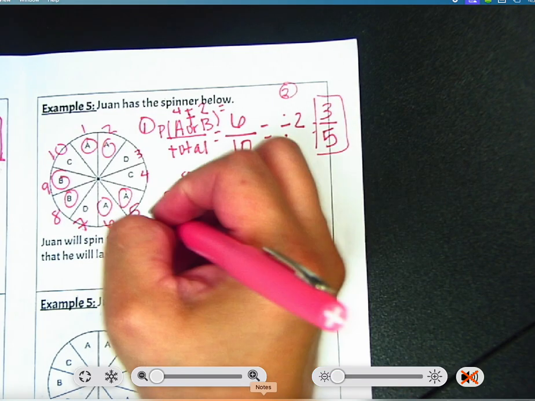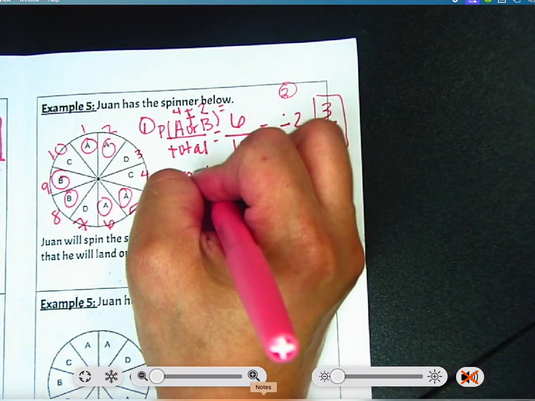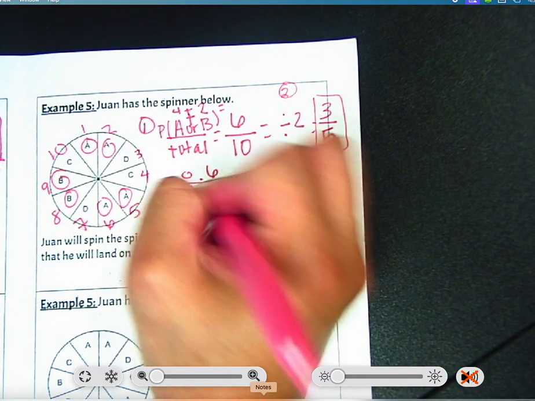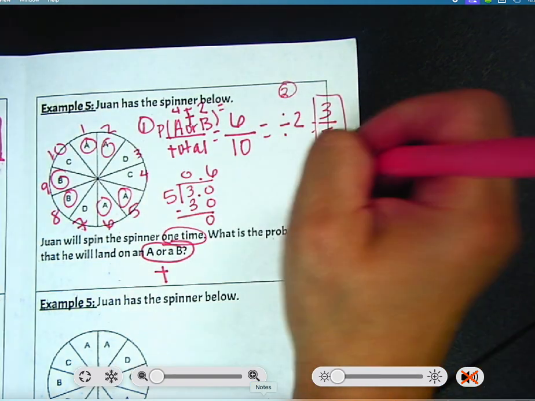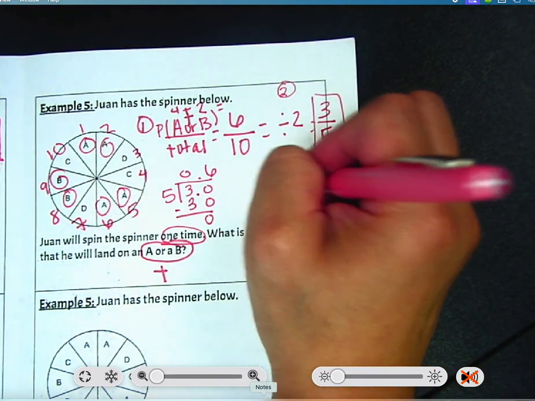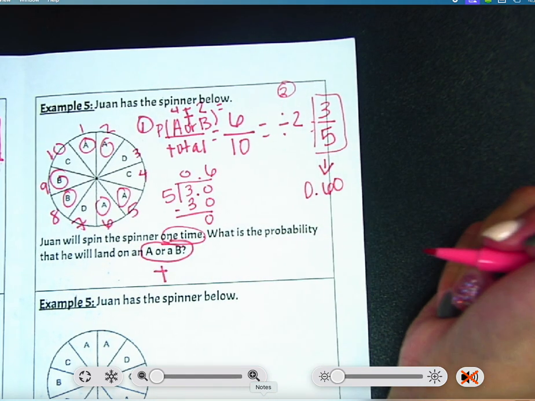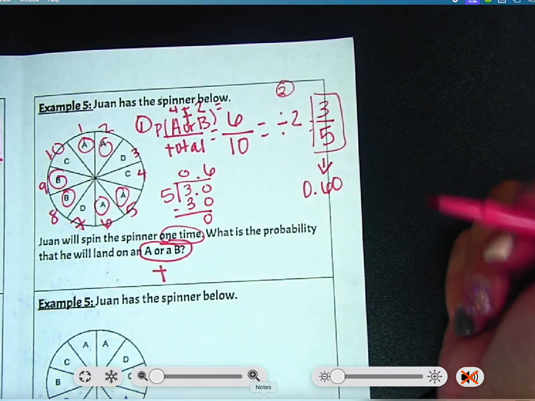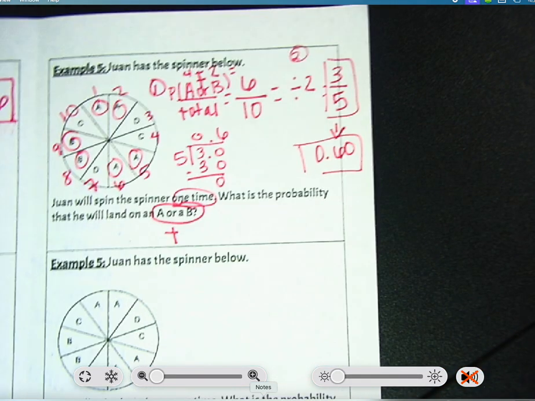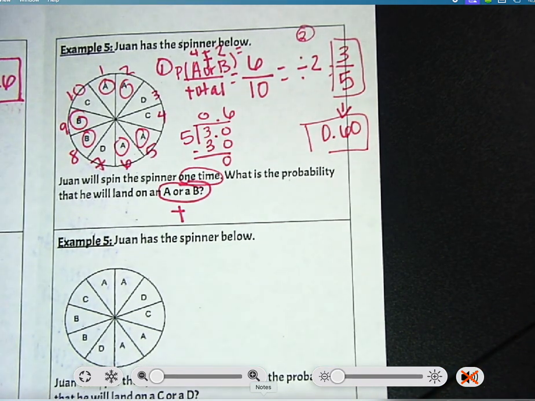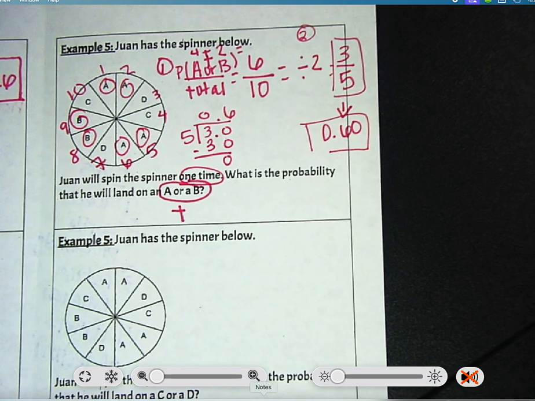Okay, 5 goes into 36 times. 6 times 5 is 30. When you subtract, you have 0 remaining. So 3/5 is the same thing as 0.60 or 60 cents. Same thing.